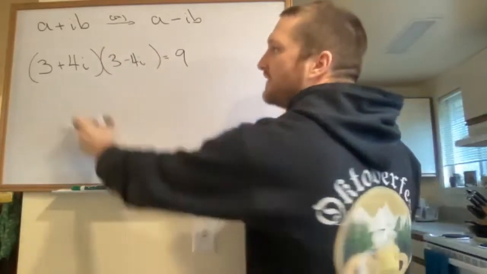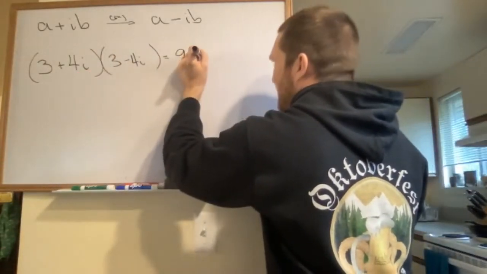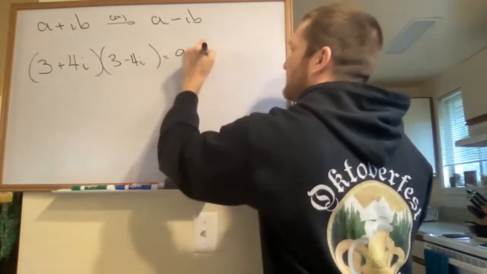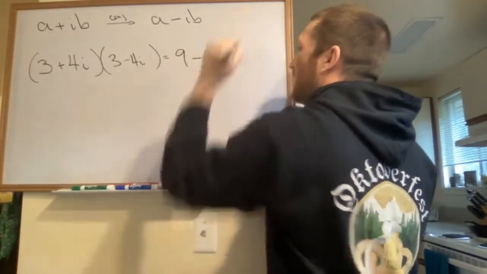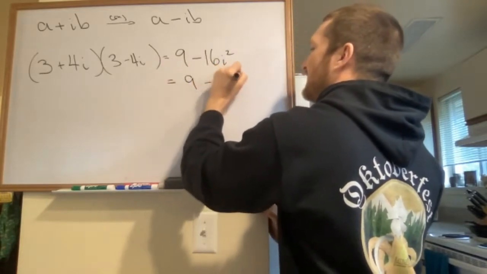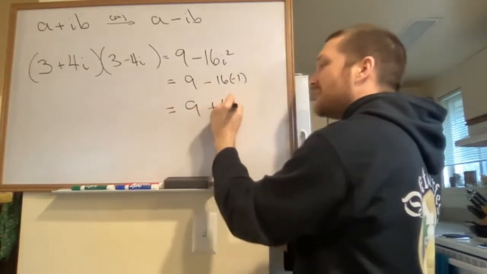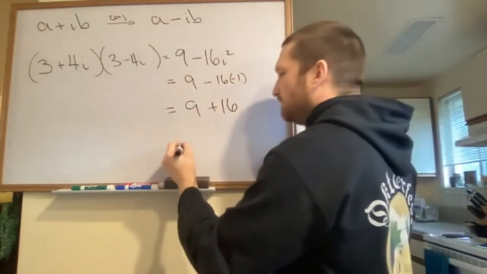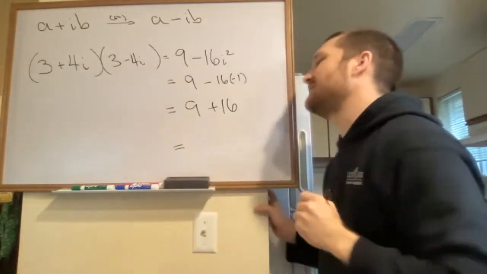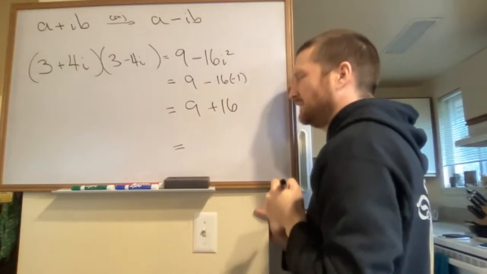And the way that you got that was negative times a negative, negative times a positive is a negative. So minus 16i squared, which we said is minus 16 times a -1, which is plus 16. So it's 9 plus 16, which is what? 25.